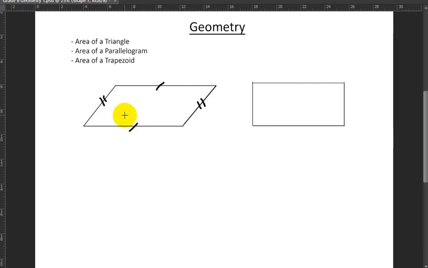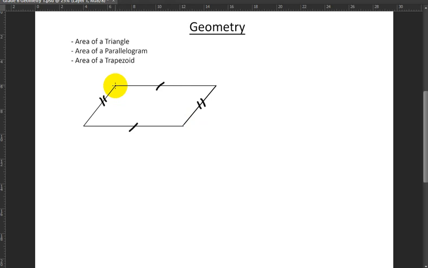We could point out that for the parallelogram, this angle is equal to this angle, and that this angle is equal to this angle. But right now, that's not really important. We're not focusing on angles right now. We are talking about area. And with the area, what we care about is the sides.